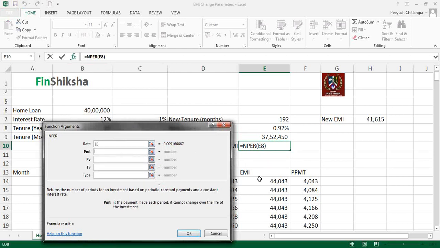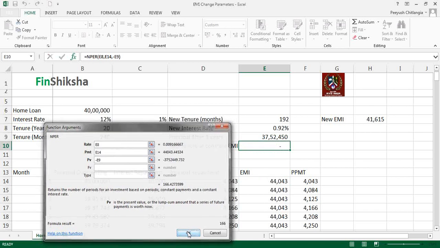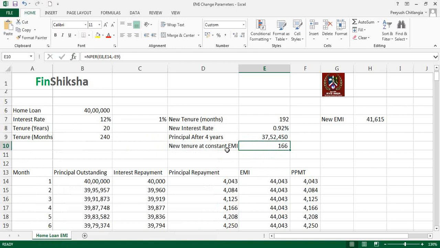We have the PMT given here, that's the earlier EMI, and we have the present value given here, which is negative of this. And let's see what happens if they pay it at the same EMI. So new tenure is 166 months, which means you don't need to pay for 26 more months if you continue with the same tenure based on the new interest rate.